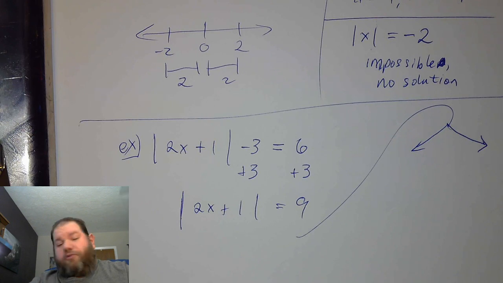Okay, we're jumping a little bit ahead there, Gabe, but 4 is one of the answers, you're right. What I meant was, how do we break this out of the absolute value?